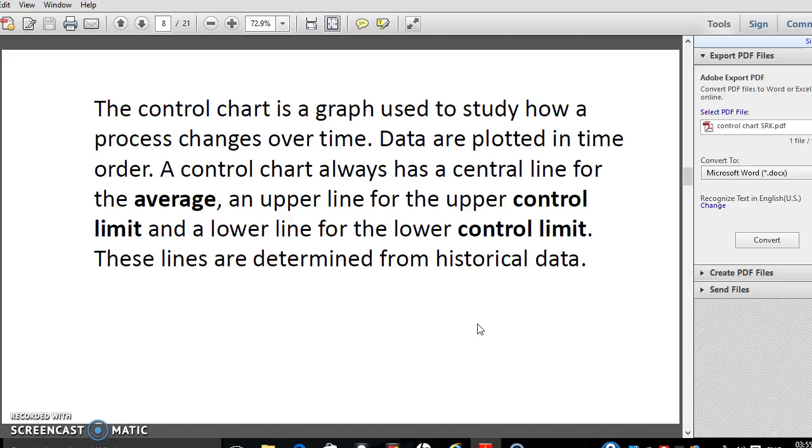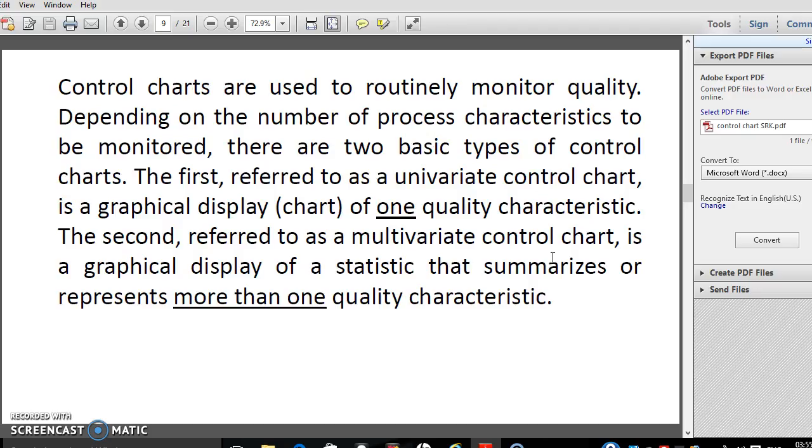Between the upper and lower control limits there is one line that is called the central line, which is the average.